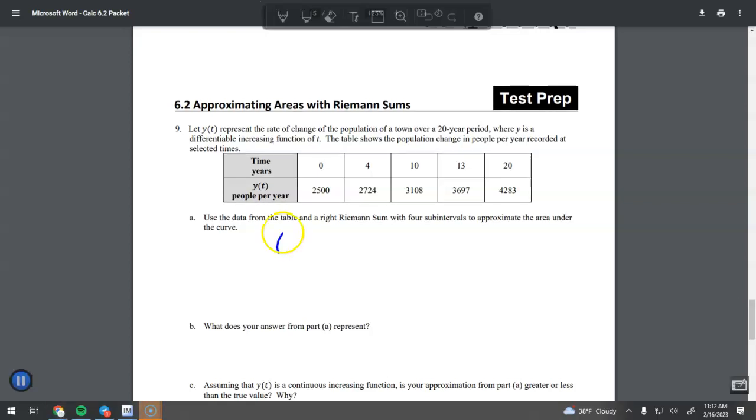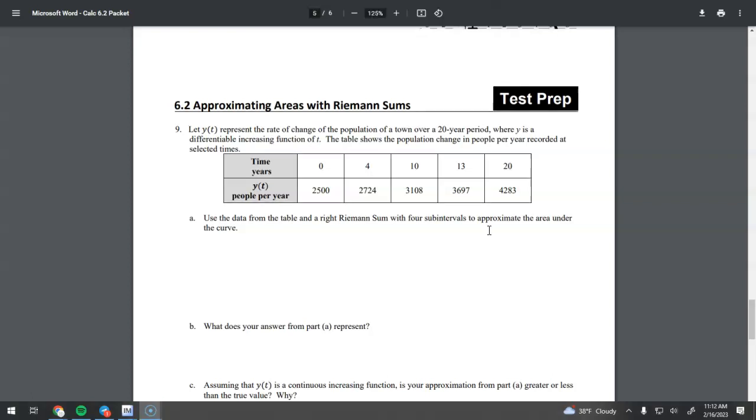Wait, is it left or right? Right. So it'd be 4 times 27, 24, and then your next one would be 6 times whatever the y value is, and then 3 times. So that's fine. You just have different bases every time, as long as you have 5 sections. Yeah, and you will.